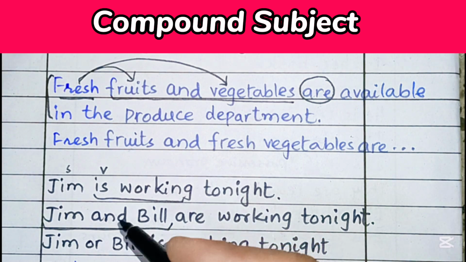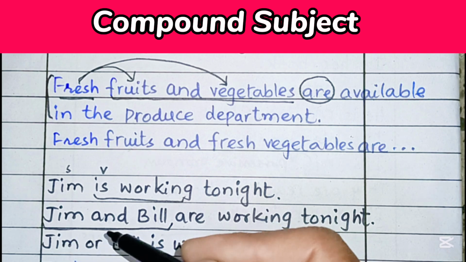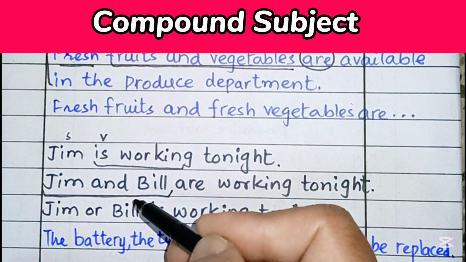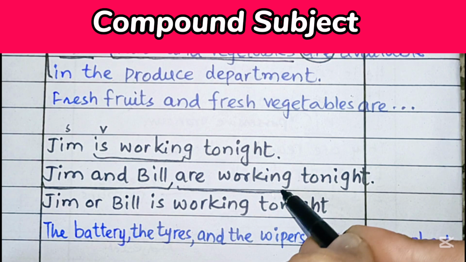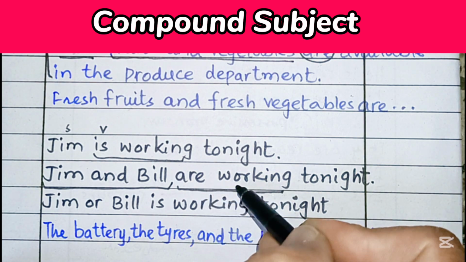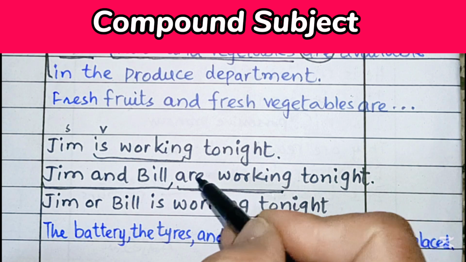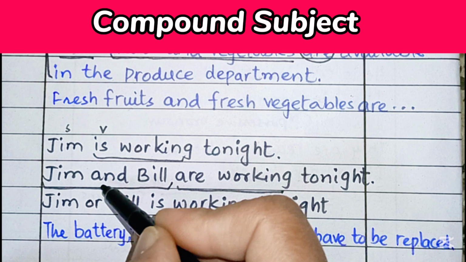So here are two people in the position of subjects, and then here is the verb, which is a verb phrase as well, are working, in present continuous tense, matching the plural subject or the compound subject.